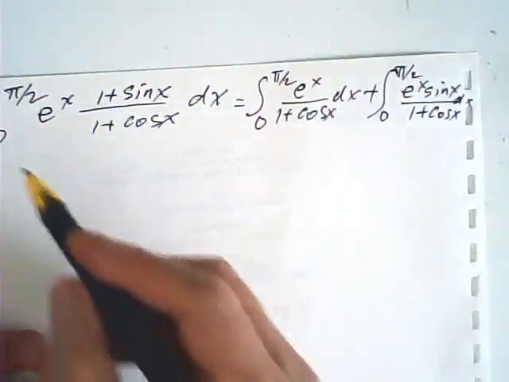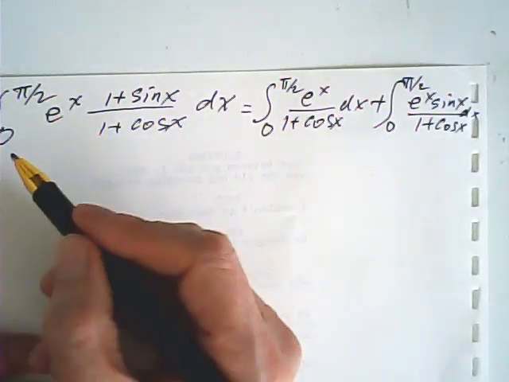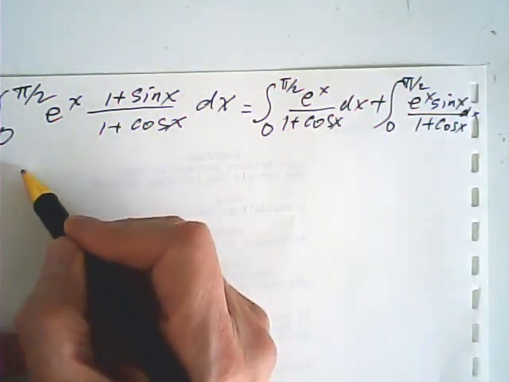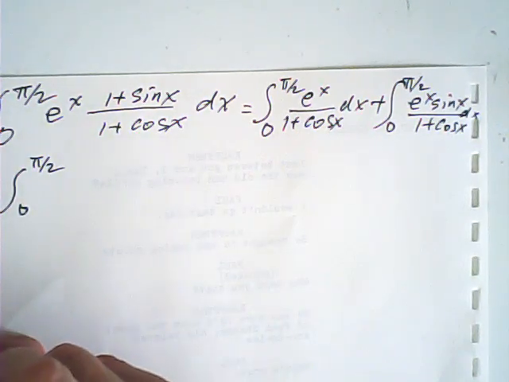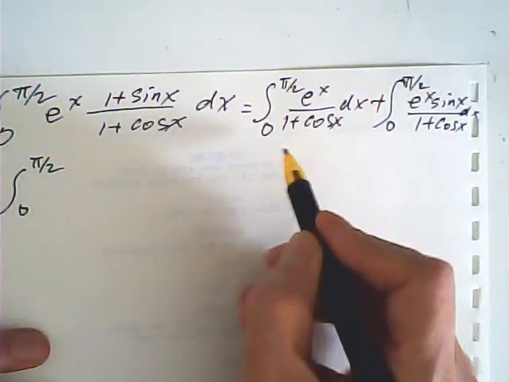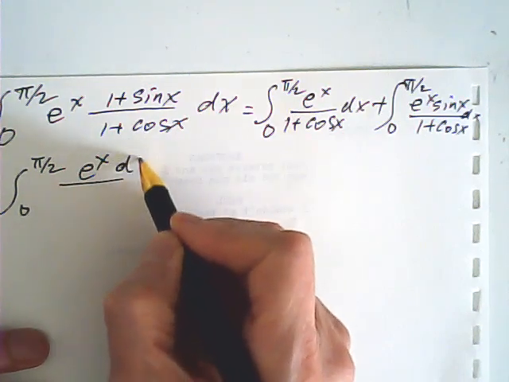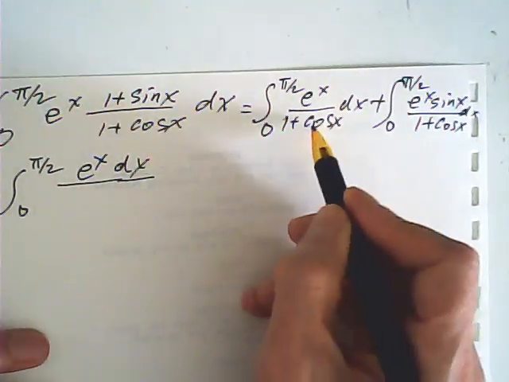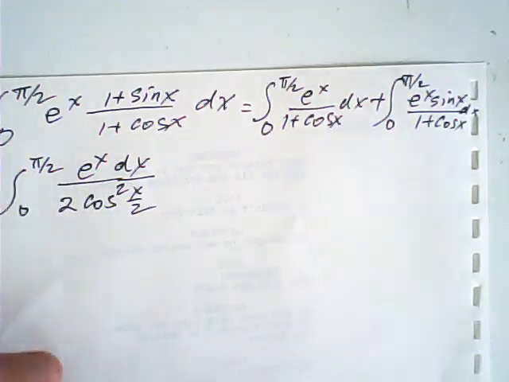Okay, and the first integral then changes into, what do I change it to? e^x dx over 2 cosine square half x, isn't it?